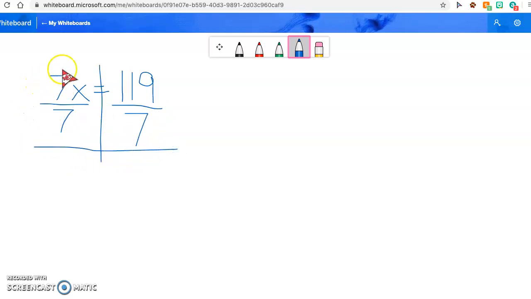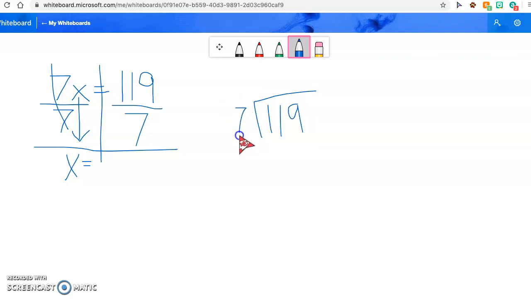So 7x divided by 7, we know that the 7's cancel out. We're going to bring down the x just like we did in our past lessons, and we're going to have x equals something. Well, if you divide 119 by 7, 7 goes into 11 once, minus 7. 11 minus 7 is 4.